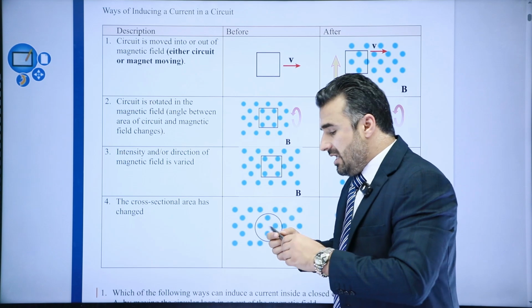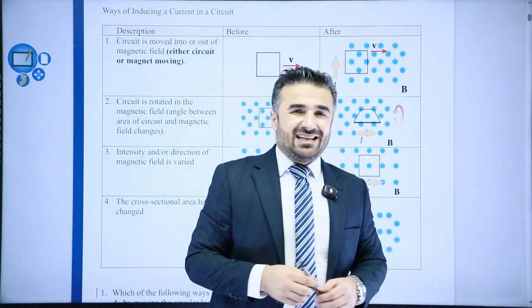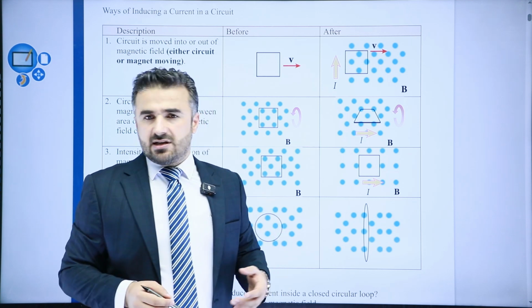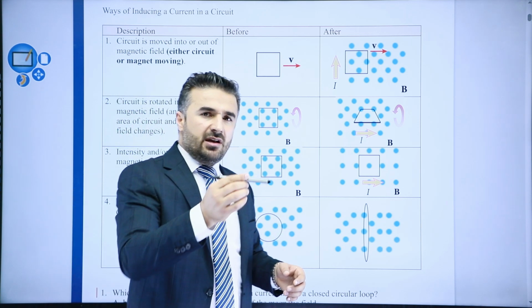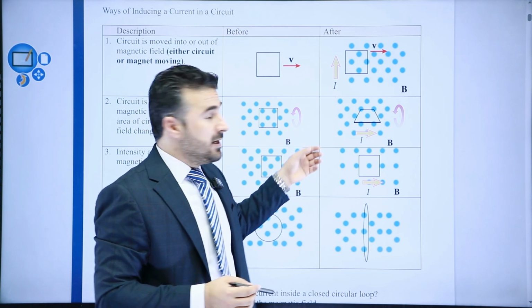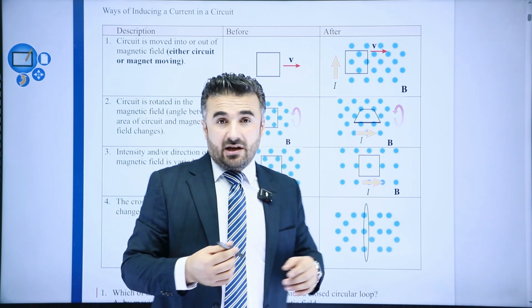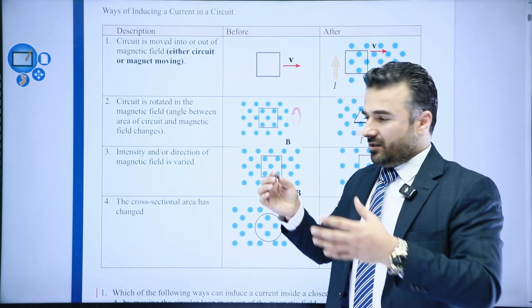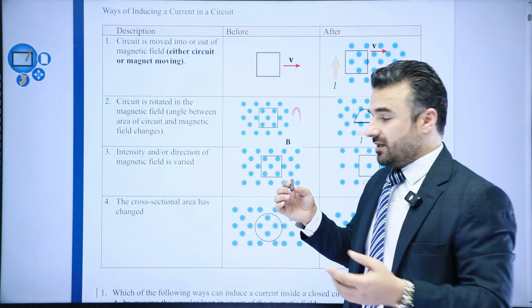But remember this, if you're rotating this coil inside a magnetic field, let's say this pen is not a very good example, but let's just say this pen is the circuit here. The magnetic field line is basically outside. Imagine there's a coil, or one part of a coil you can consider.